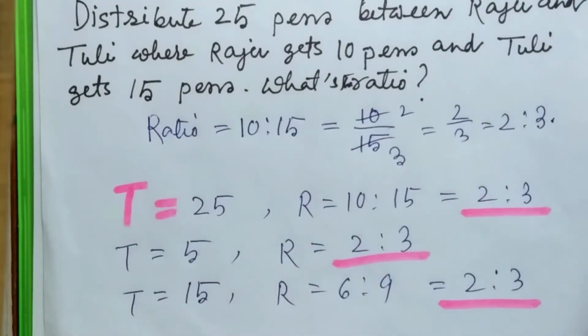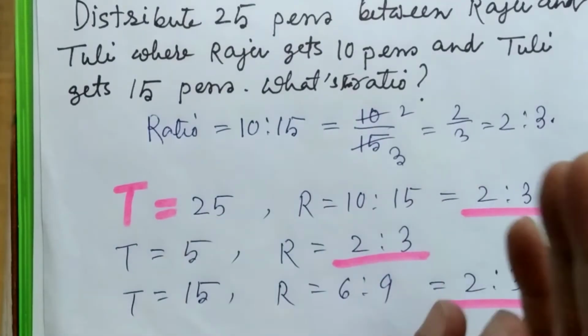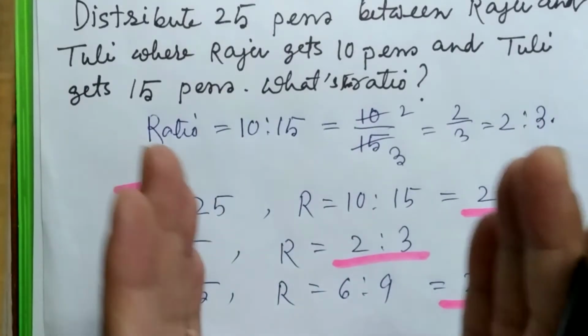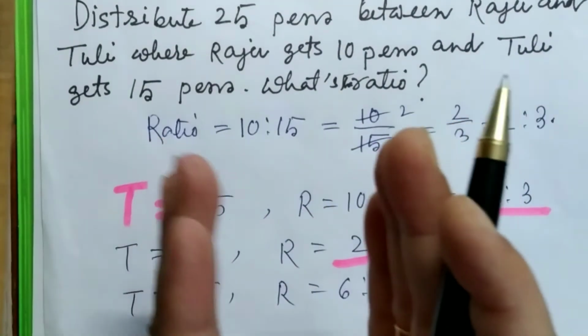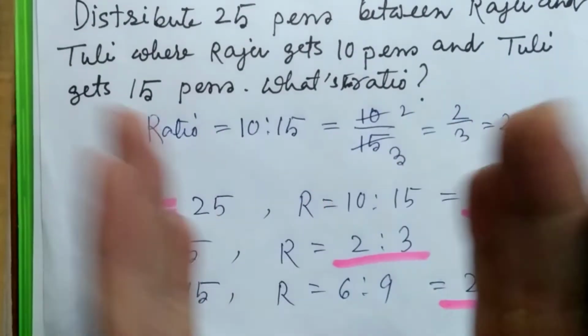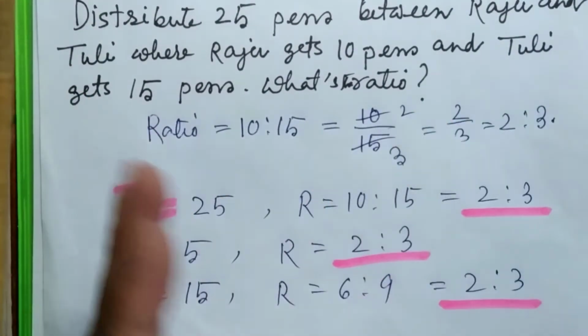Their ratios may be 10:15 also, which in simplest form is 2:3, or 6:9, which also gives the ratio 2:3.